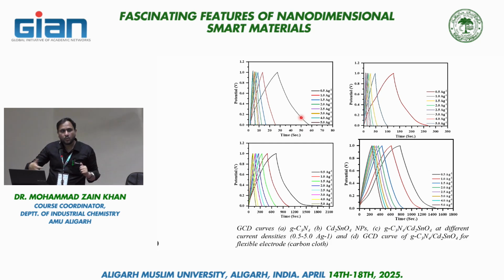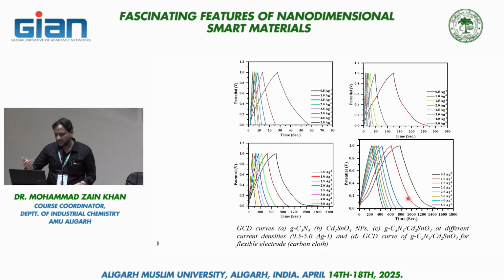But as we start doping metal nanoparticles of cadmium stannate, we are introducing something more pseudocapacitive in nature. Because we are doping it, the plots are getting a little bit curved. Earlier they were quite linear in the first figure, while as we take the B, C and D examples, the plots are getting more curved.